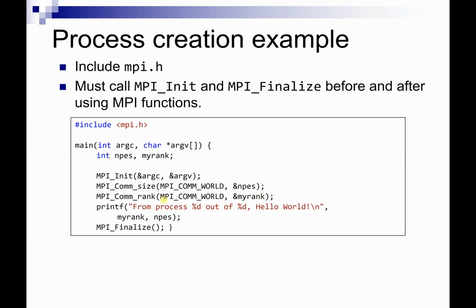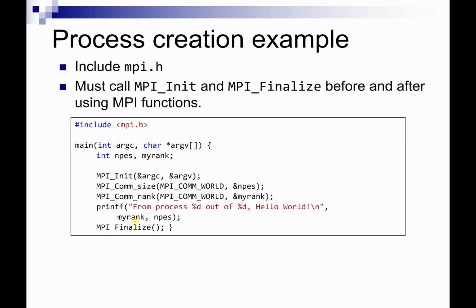Again, you need to call this with MPI comm world because you need to say which group of processes you're looking for your rank within. If you have multiple communicators, then the same process could actually have different ranks in the different communicators. So here we're just looking at the default communicator that MPI creates when you call MPI init.